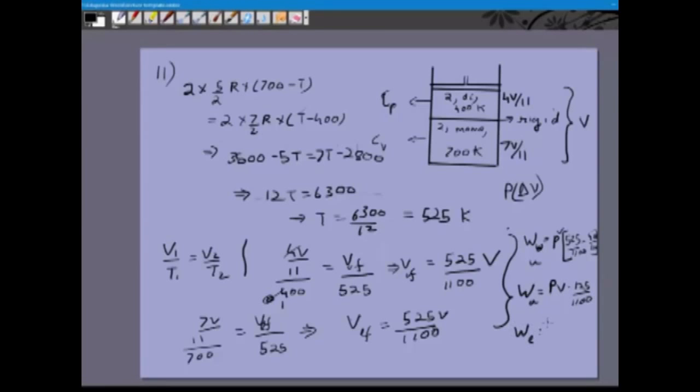Similarly, the work done by the lower gas will be PV times. Now in this case the volume has decreased, because it is less than 7 by 11 V, which is 700 by 1100. So the work done will be negative, and it will be PV times minus 175 by 1100.